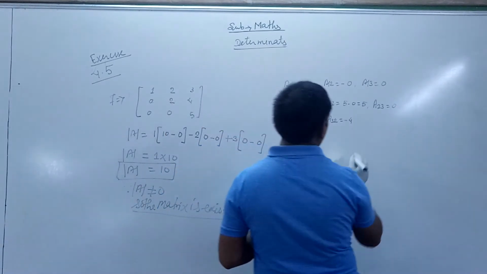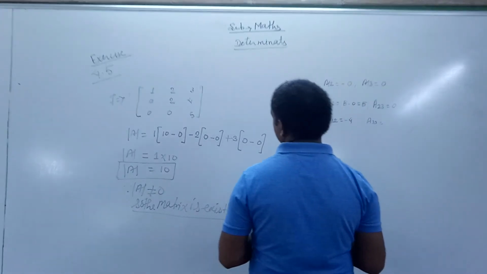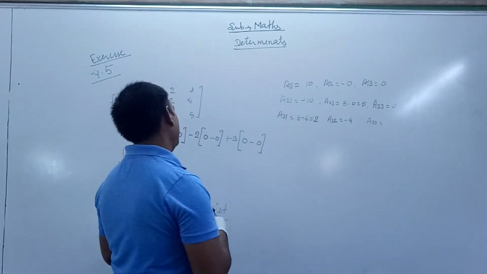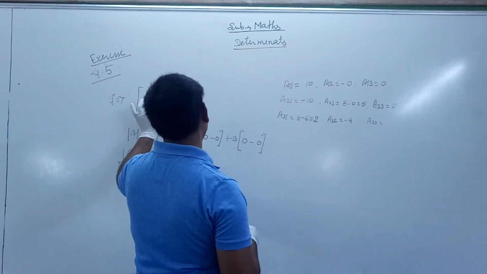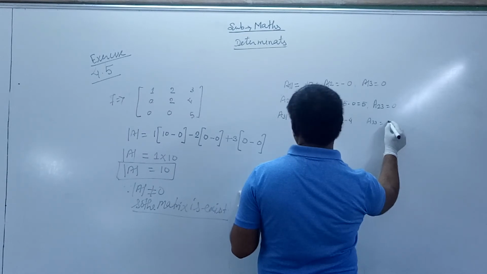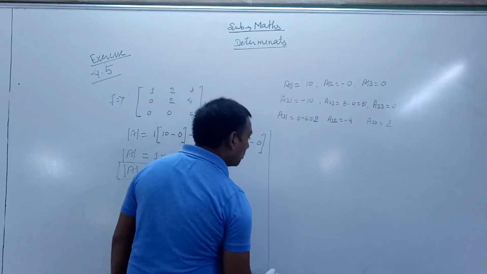Next, A33 is positive. You remove the third row and third column, so 1 2s are 2 minus 0 2s are 0, so it is 2. Okay. After that, you take it in the form of the cofactor matrix.